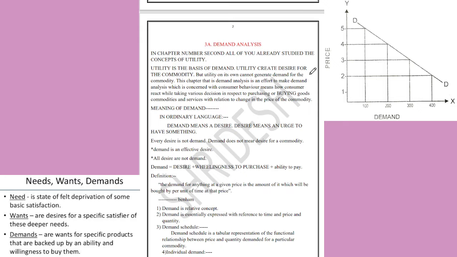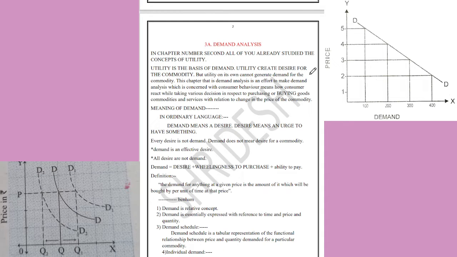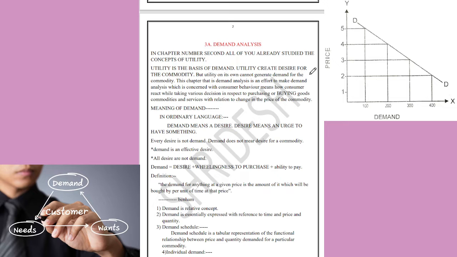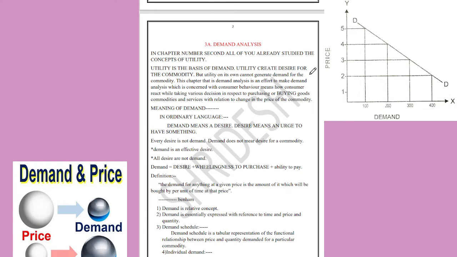If the consumer finds that this particular commodity has the capacity to satisfy my own wants, then and only then the consumer creates a demand for any commodity, meaning any type of commodity. And as we studied in lesson number two in 12th standard, utility is the basis of demand.